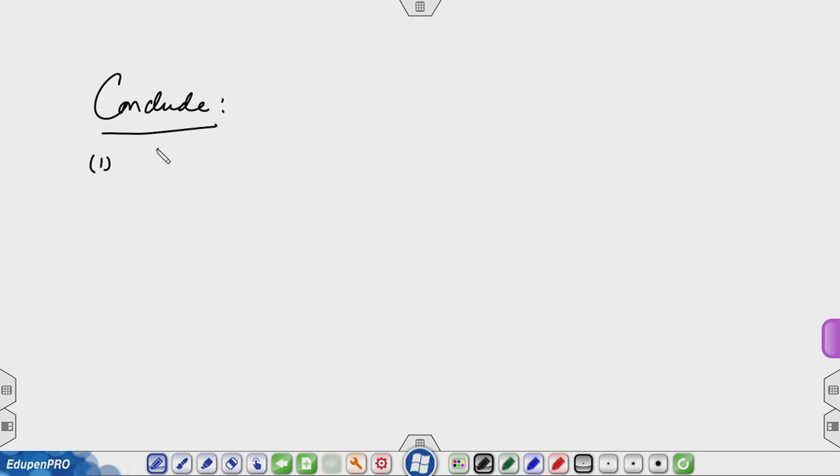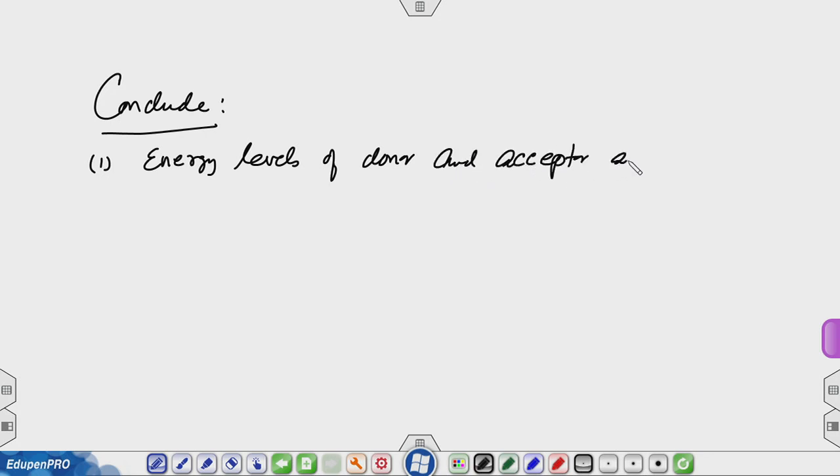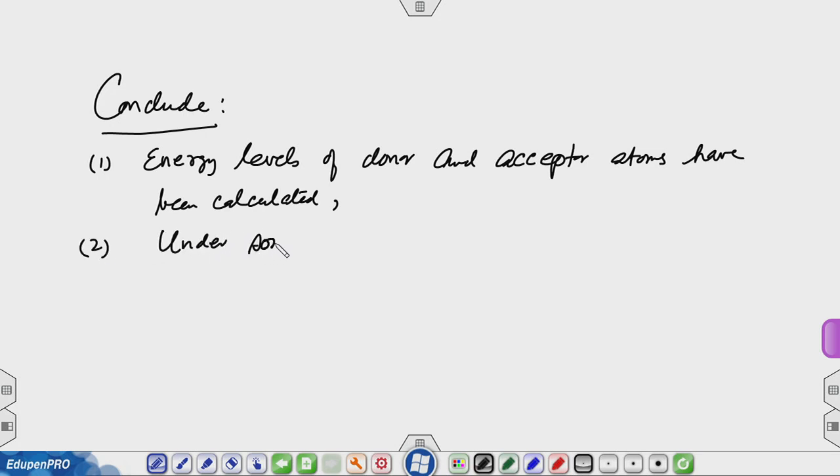We have calculated energy levels of donor and acceptor atoms under some approximations.